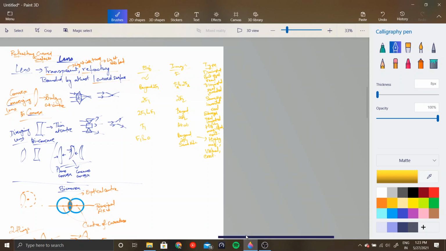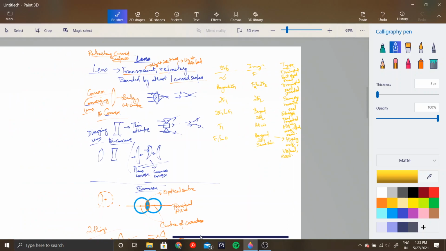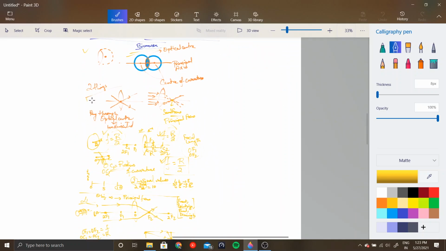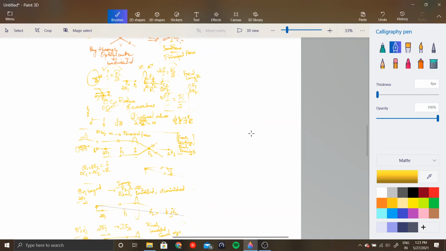So let's quickly relook. We learnt about what lenses are and the structure of all types of lenses. We made a biconvex lens and saw how to make lenses using prisms. We looked at the two properties of rays. Then we figured out that focus is R by 2 always.